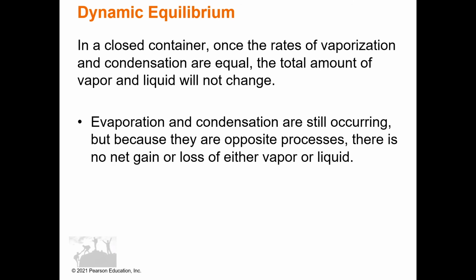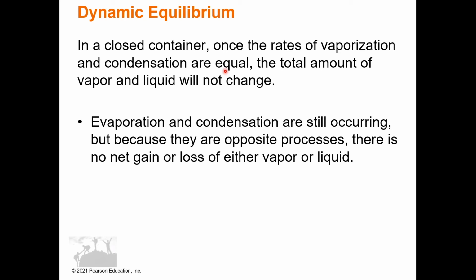Now think back to that pot of boiling water that you covered up with a lid. If that pot is sealed well enough, then no water molecules or water vapor are going to escape from that pot. Okay, so evaporation and condensation are going to happen at the same time inside that pot. Remember that they're opposite processes, but at some point the rates of vaporization and condensation will become equal, and that's what's called dynamic equilibrium.